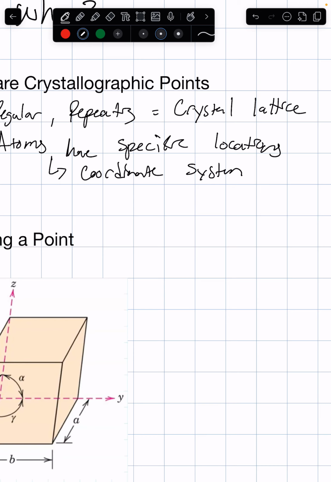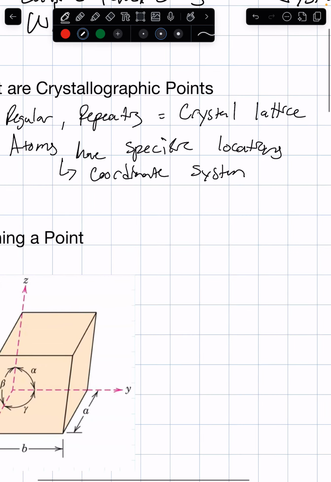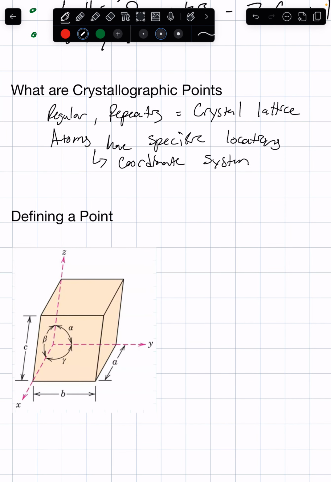And so this is thinking about, okay, we have this X, Y, Z Cartesian coordinate system, right? So we're thinking about, in terms of 3 dimensions, how can we reference a specific position within the unit cell utilizing this X, Y, Z arrangement, right? And so we describe this as, it's all going to be relative to the unit cell.